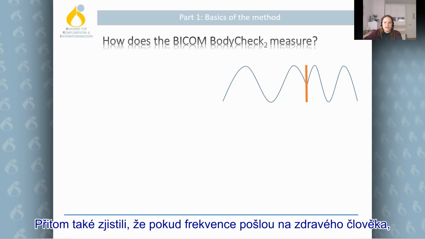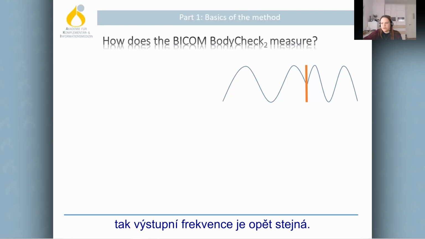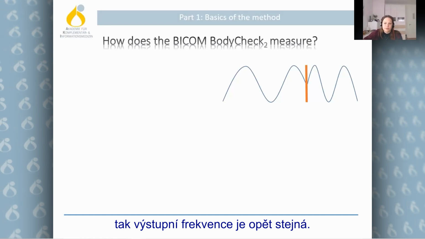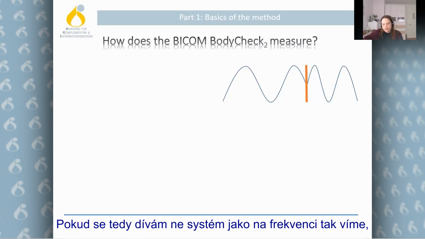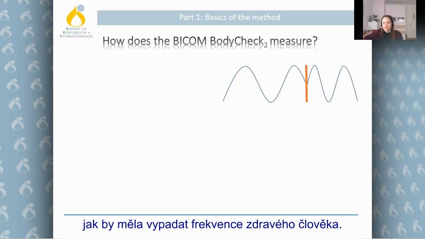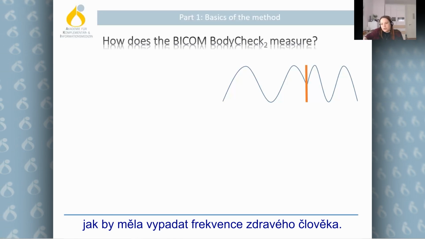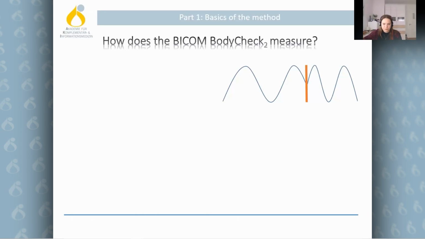And what they found out too is that when frequencies were sent to healthy people, the frequencies recorded at the output were always the same. So this is what we have in the system as a frequency, so we always know what it should be for a healthy person.